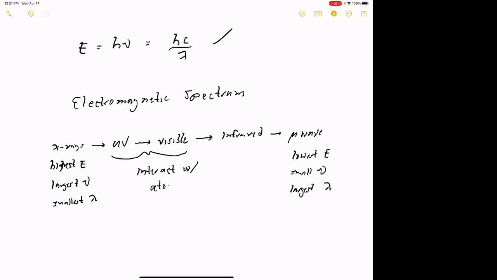We're trying to find out something about atomic structure by shining light on it. So it's the ultraviolet and visible parts of the spectrum that actually cause atoms to do something that we can observe. That's why we care about those ones.